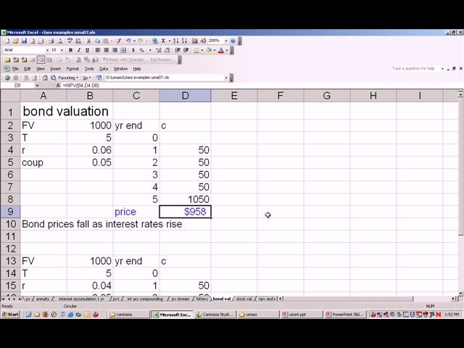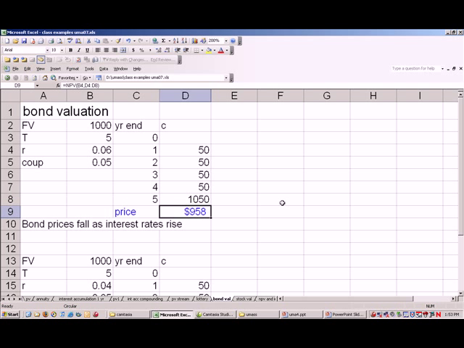Now let's talk about the interpretation of this present value calculation. One interpretation is that the bond buying public is going to be willing to pay $958 in the year 2007 to receive a stream of cash flows that is represented by this column for the next 5 years. Another interpretation is the bond buyers are indifferent between getting $958 now and this stream of cash flows for the next 5 years.